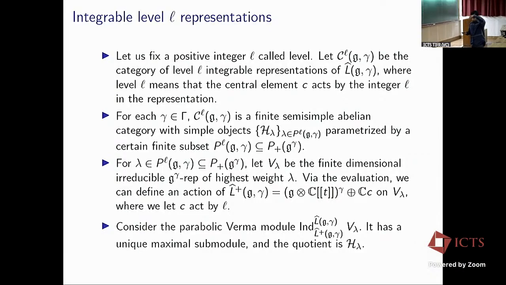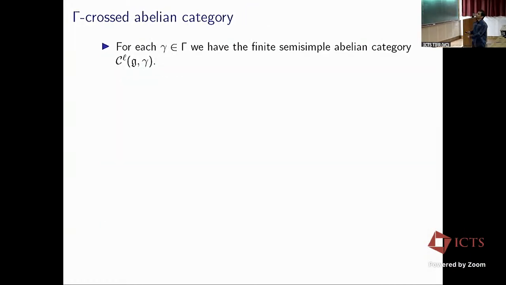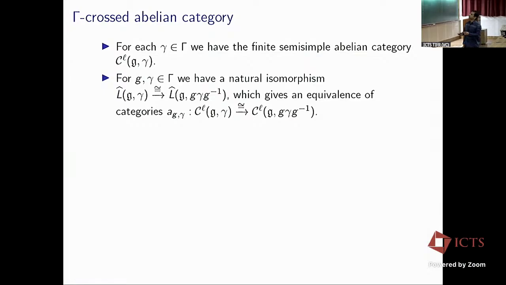So we have a finite group acting on our Lie algebra, and for every element of the finite group, we have a certain finite semi-simple abelian category. I'm just saying what structure we immediately get from this picture. Now let's take two elements g, gamma in our finite group. We have the twisted affine algebra for gamma, and we have the twisted affine algebra for g gamma g inverse.